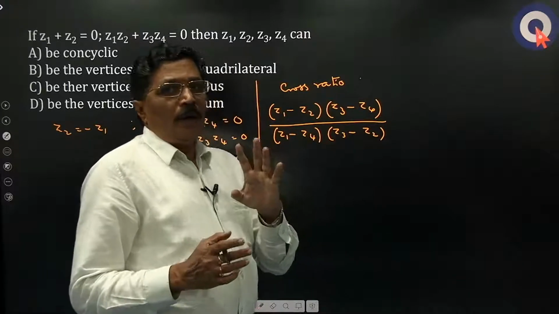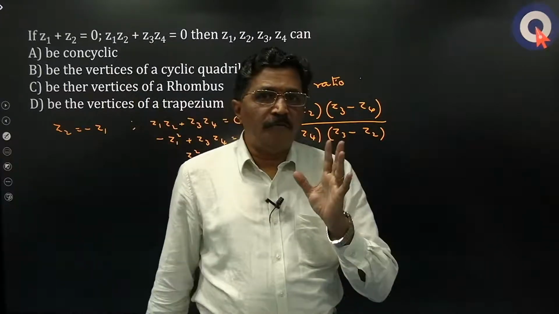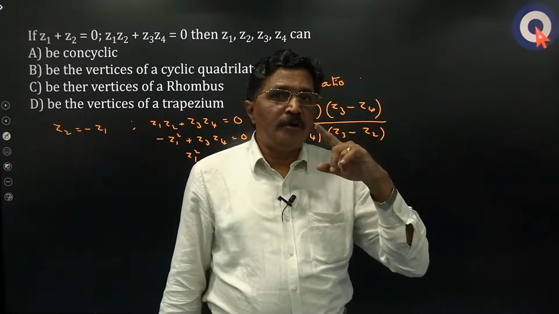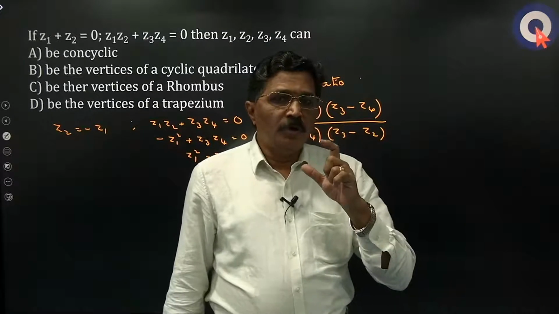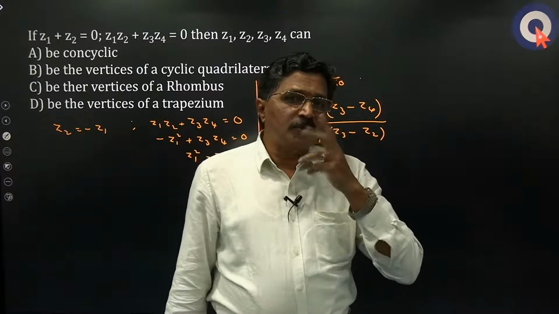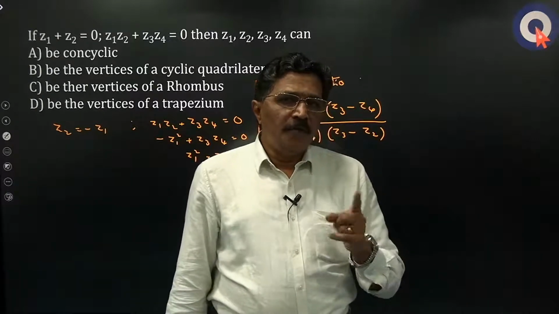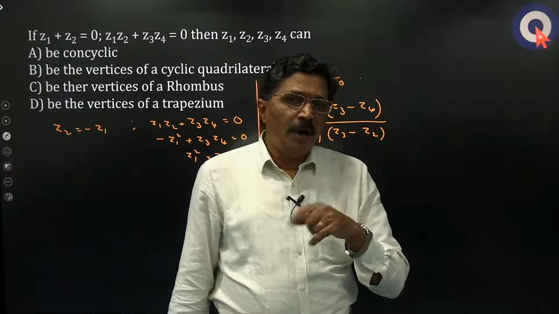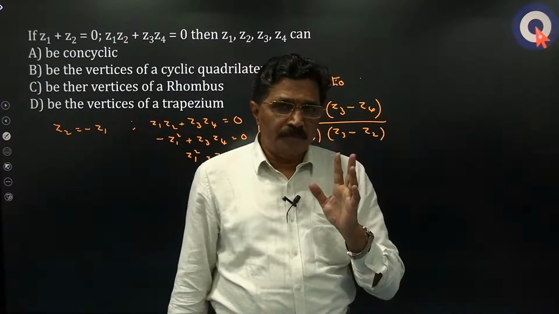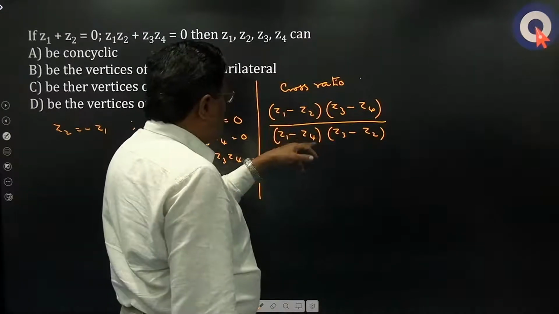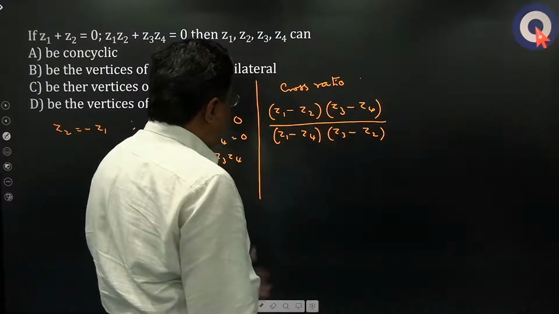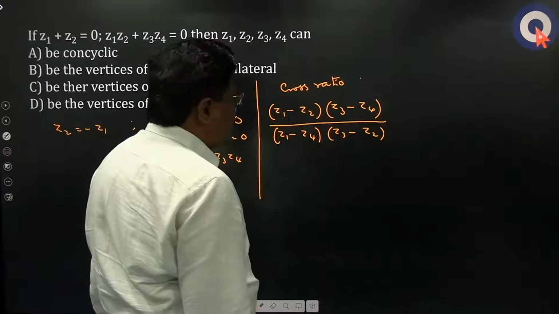See, z1, z2, z3, z4, cyclically they can be permuted in 4 minus 1, 3 factorial ways, that is 6 ways. So any of the 6 cross ratios you can consider. If any one cross ratio is real, all other cross ratios are also real. So we shall see if this cross ratio is becoming real, in which case the points will become concyclic.